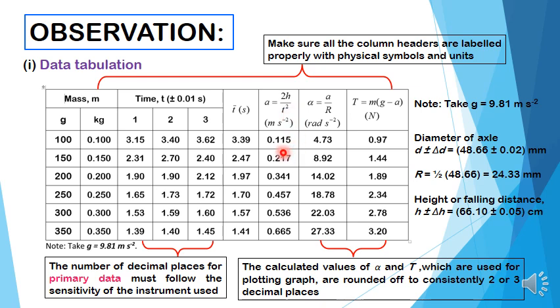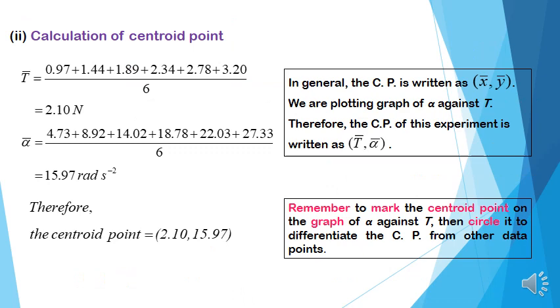Therefore, the values of a calculated are rounded off to 3 significant figures. The values of alpha and t, which are used for plotting graph, are rounded off to consistently 2 or 3 decimal places.